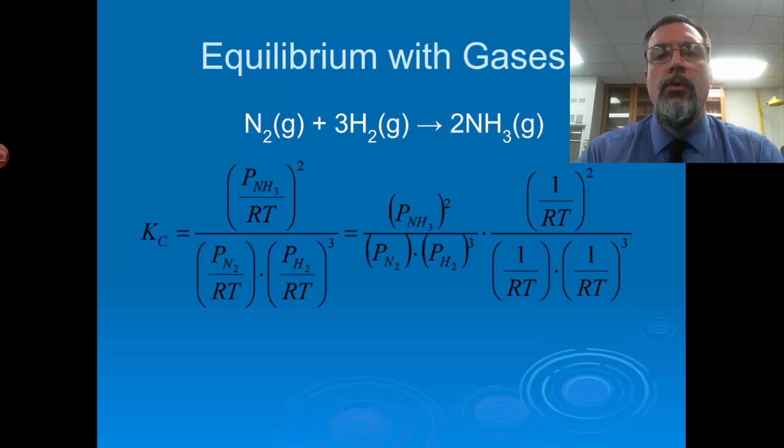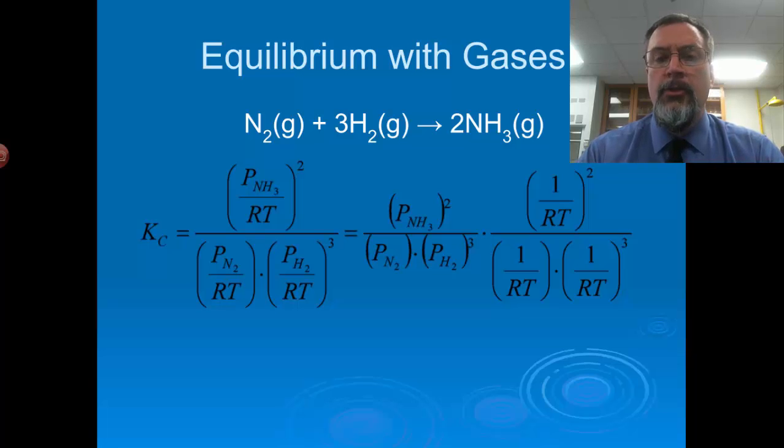I factor out the common factor in all of those, which is 1 over RT to some power. So I get P NH3 squared over P N2 times P H2 to the third power, and I factor out from each one of those 1 over RT to whatever the exponent is. So 1 over RT squared over 1 over RT times 1 over RT to the third, or 1 over RT to the fourth.